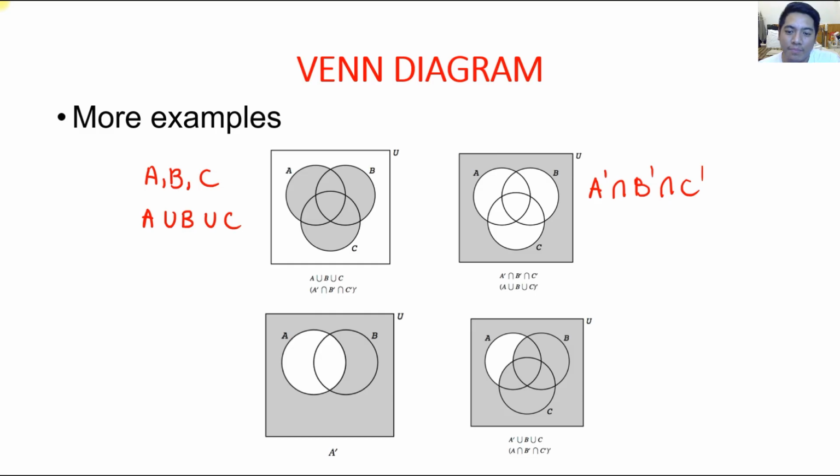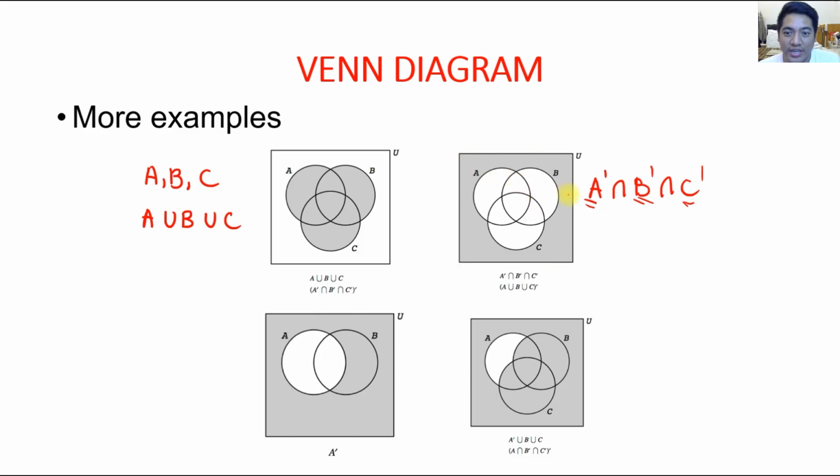That is simply everything except the sets in A, except the sets in B, and except the sets in C. So that's the intersection, and that belongs to the universal set.